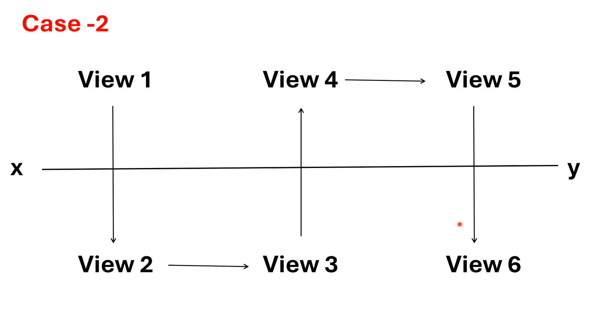So here you started view 1 above the xy line, that is the front view, and finally you got the top view. That is how we see the cases. So first identify whether your problem belongs to case 1 or case 2. Now let us try to solve the problems in the worksheet.